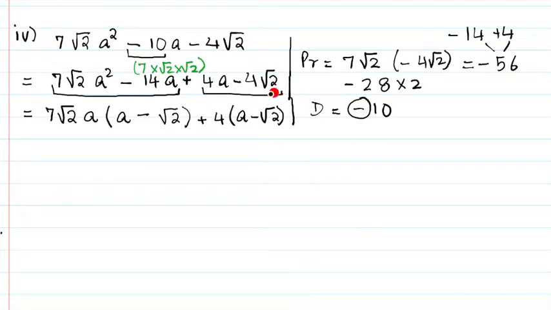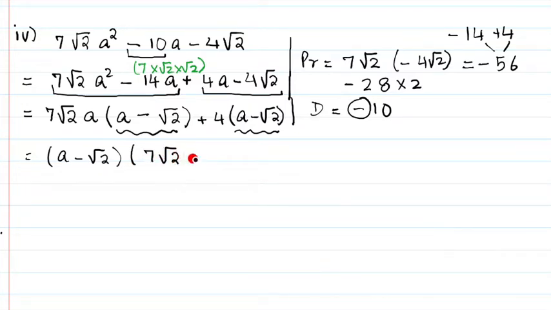You can see that in these two terms 4 is common. So 4 into bracket a minus root 2 is remaining here. So this bracket also must be a minus root 2. Okay, we'll take this bracket common. So a minus root 2, and the second bracket will be 7 root 2a plus 4. And that is our answer 4.